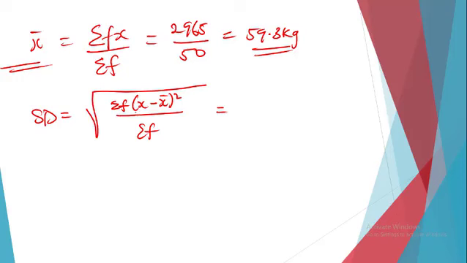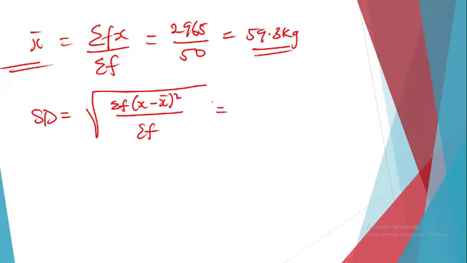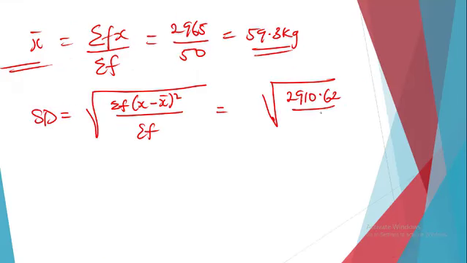So f into x minus x bar squared, what's the value? This is the value, 2910.62. We have square root of 2910.62, and the value of sigma f is 50, all over 50. And that will give us 7.6 kg.